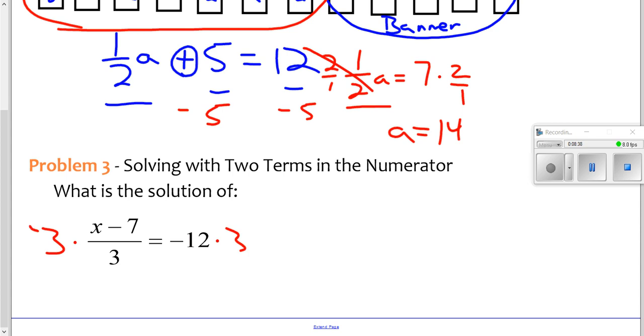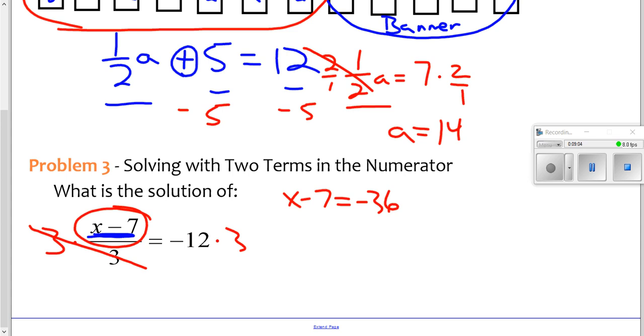And really, that's just going to help me get that gone. But I'm going to go ahead and get x minus 7. That's what's left on the top. And then negative 12 times 3 is negative 36. So in this particular problem, because I have a quantity in the numerator, I need to undo the fraction first.